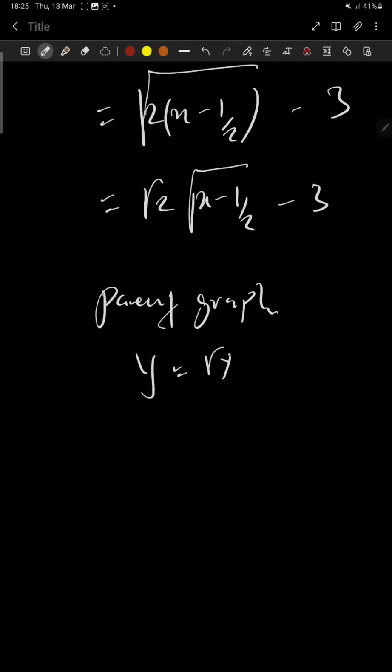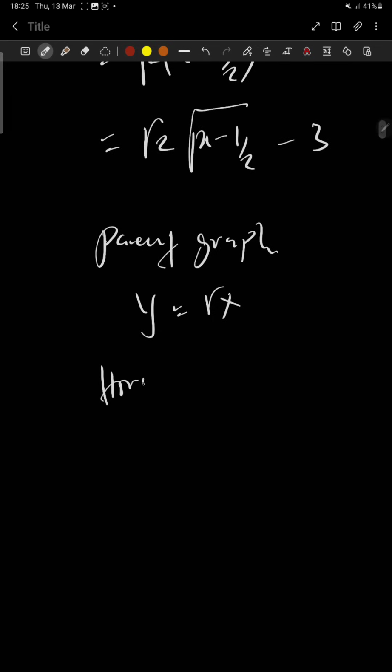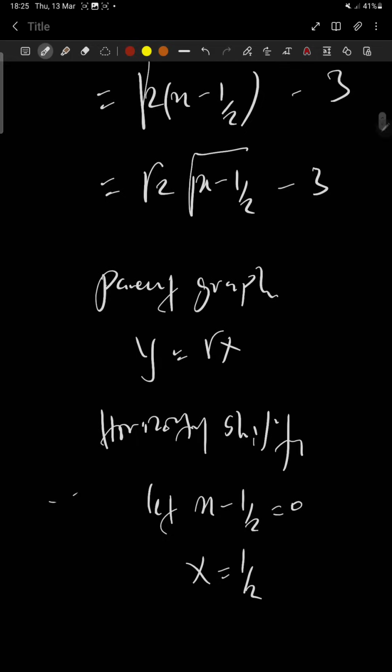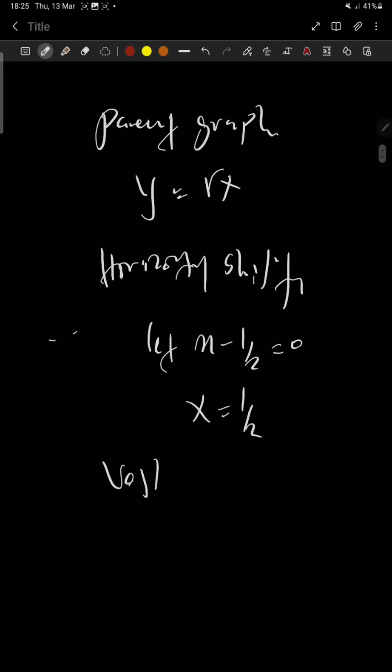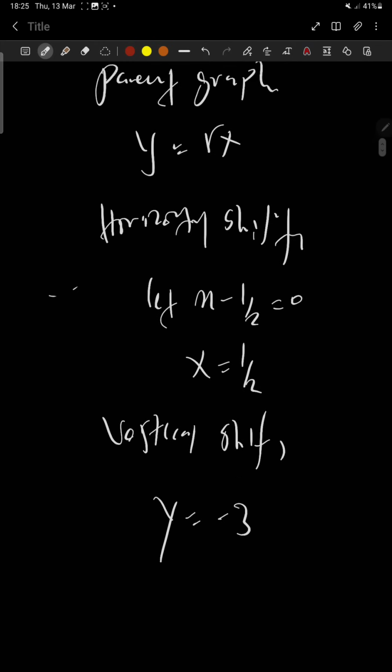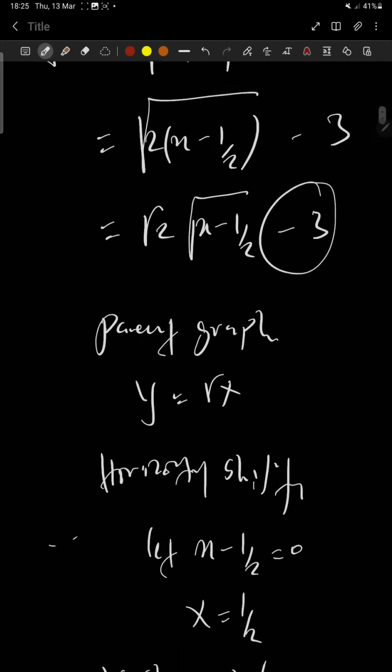Your horizontal shift will be: let x minus 1 over 2 be equal to 0, x is equal to 1 over 2. Then what will be the vertical shift? Your vertical shift will be y is equal to negative 3, this number away.